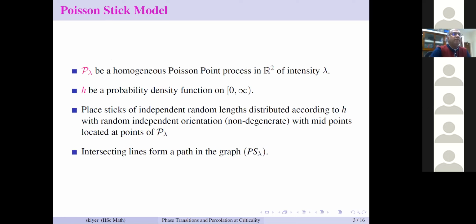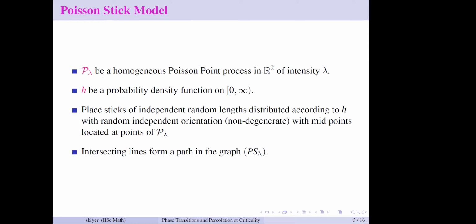So what is the first model that we will consider? It's called the Poisson Stick Model. It's also known as the Poisson soup of sticks. The vertices of our graph will be a homogeneous Poisson point process in R^2 with intensity lambda, denoted by script P sub lambda.